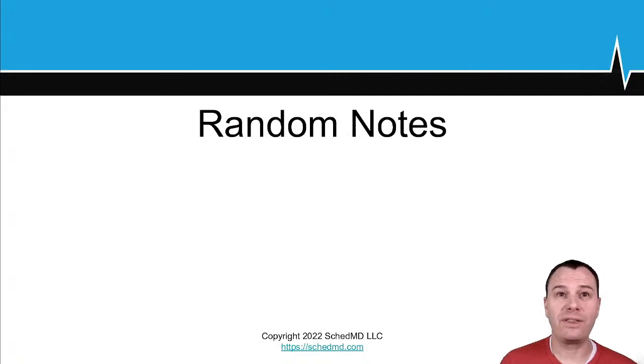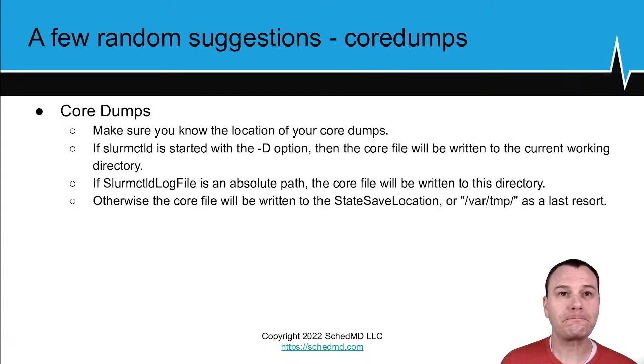Before I end with a word about our support organization, I wanted to mention a few random notes. Here are a few random suggestions related to coredumps. We hope you never get one, but should you, we recommend knowing the following locations of where those coredumps are stored.